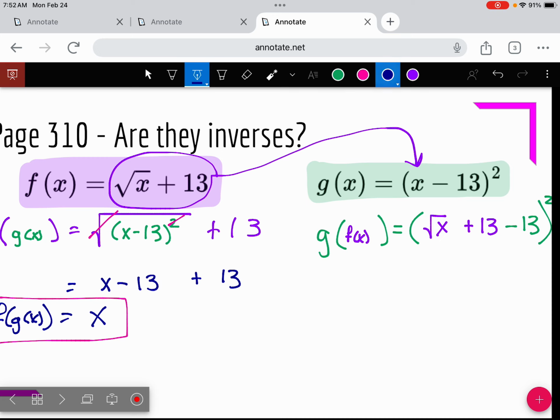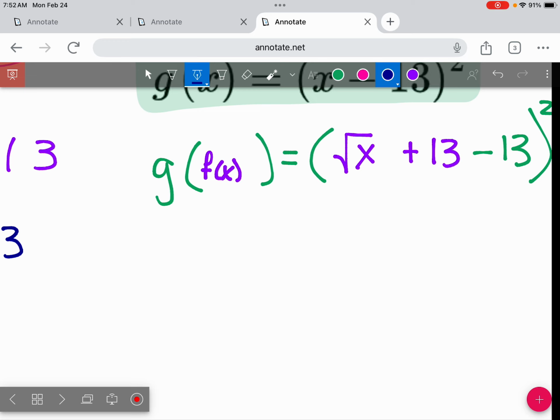What do we do first? Do they cancel out this time, or does the parentheses block it? We have to look at the parentheses first. As I say, can we simplify inside our parentheses? What is 13 minus 13? 0.